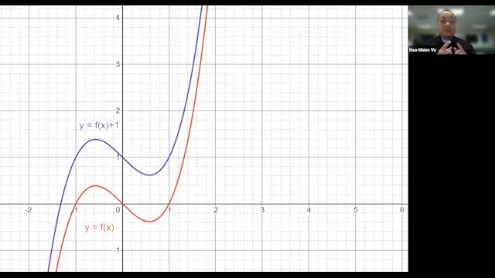If you look at this and you subtract 1 from both sides, then what you get is y minus 1 on the left and f of x on the right. You'd be getting y minus 1 is equal to f of x, meaning to go up by 1, you replace y with y minus 1. So that's an alternative way of thinking about vertical translation: replacing the y by y minus the amount of translation.